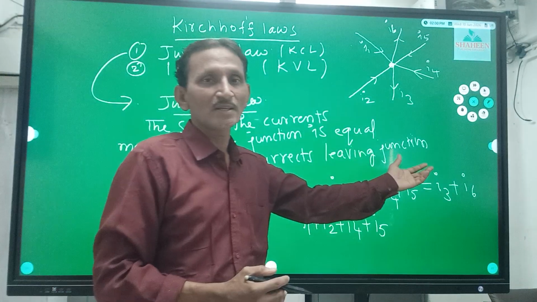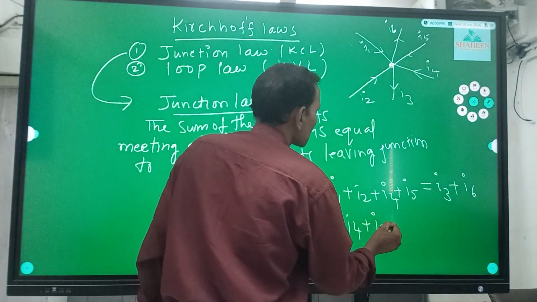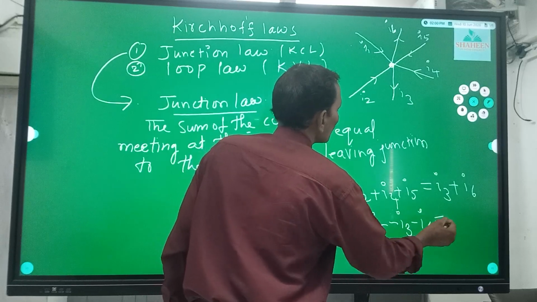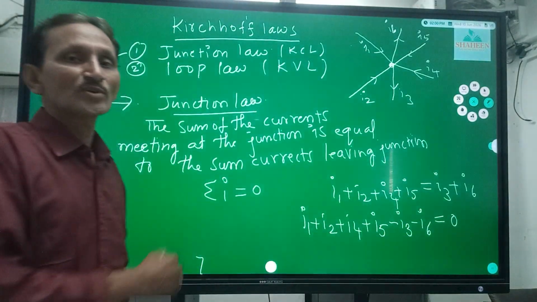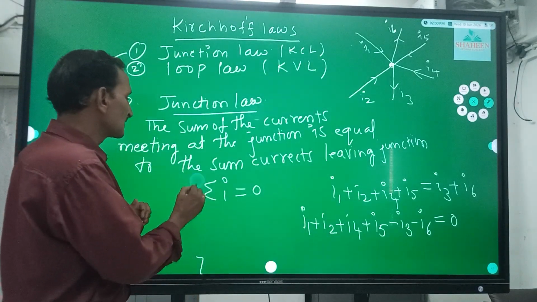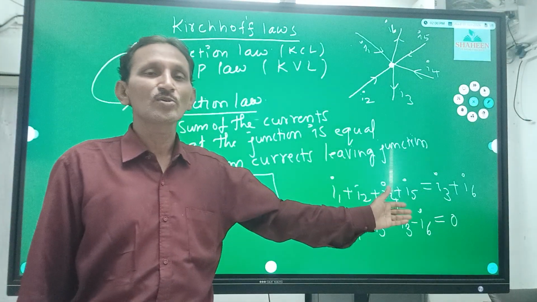When you bring the currents from the other side to this side, the sign changes: I1 plus I2 plus I4 plus I5 minus I3 minus I6 is equal to 0. So the algebraic sum of the currents at a junction is 0.